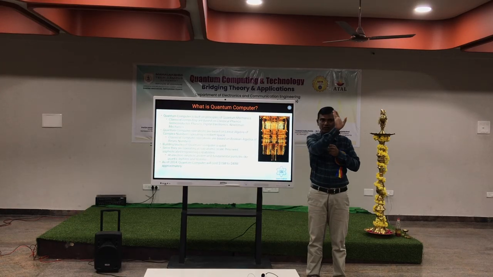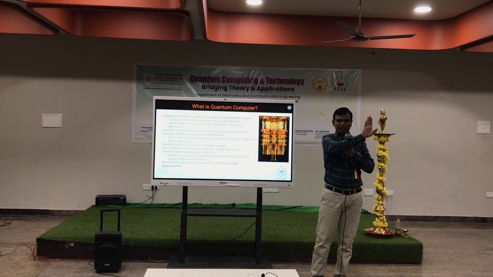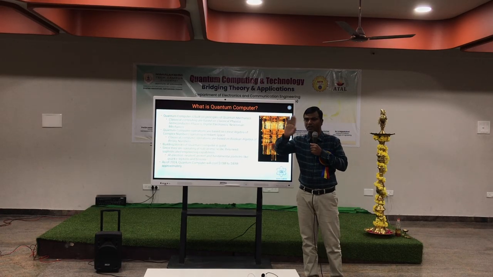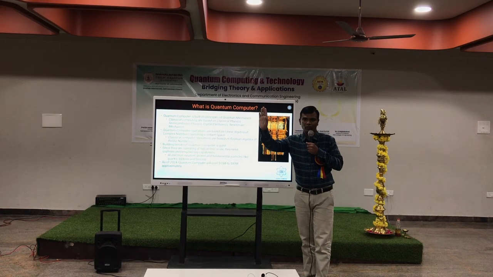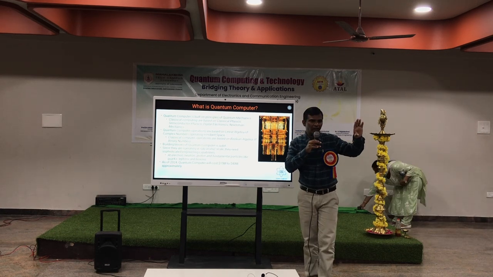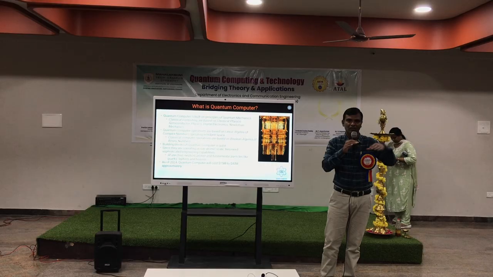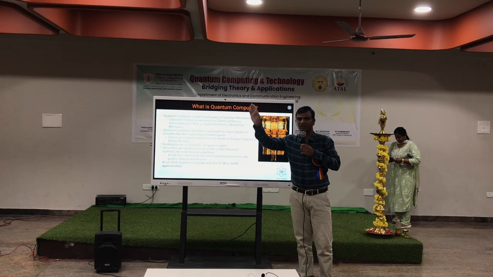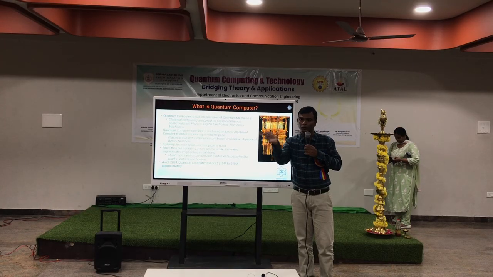That means in normal classical computing you will have a bit. The analogue of the bit in a quantum computer is called a qubit. There you will have either 0 or 1. Here we will use vectors, and it can have 0 or 1 or both.